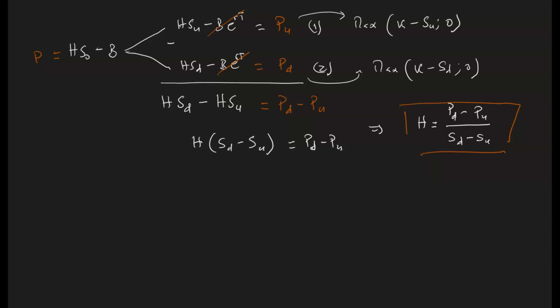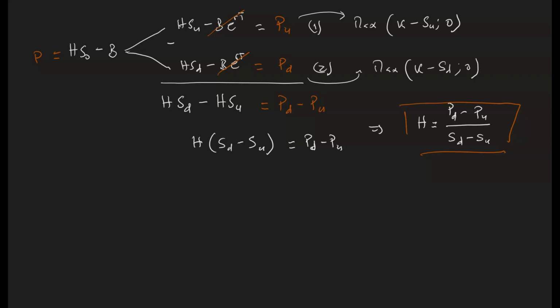Now, we know H now, so let's plug H in 2, right? Last time we plugged H in 1, so in this case let's plug H in 2, just to show that we get the same thing. What we're going to have in this case is the following.